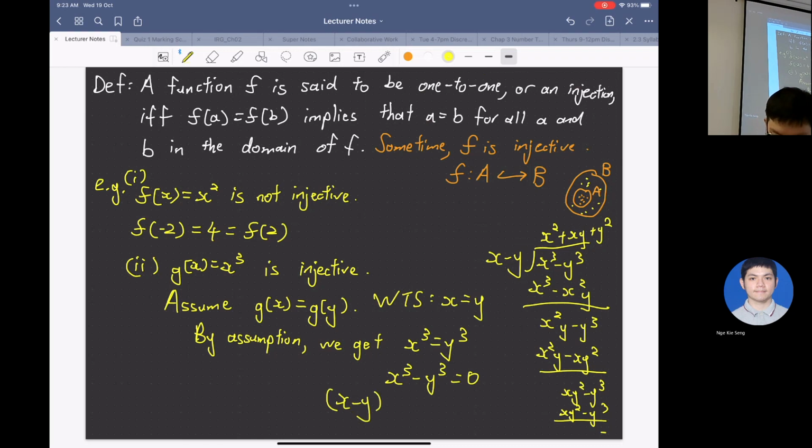So either this one equal to 0 or this one equal to 0. But if this one is not equal to 0, so you need to make sure this one is not 0, so that this is always 0. So this one is positive. This one is positive. So is this one always positive?